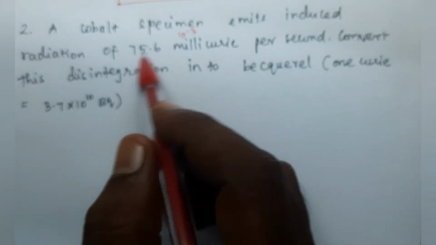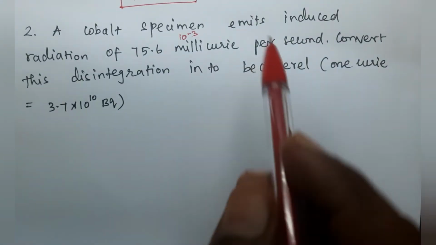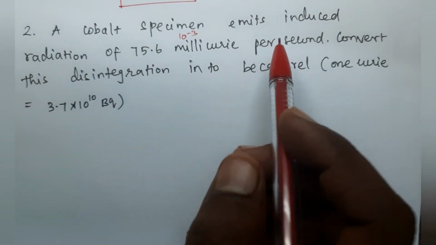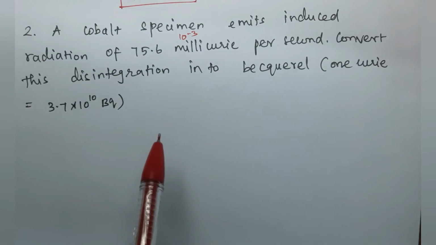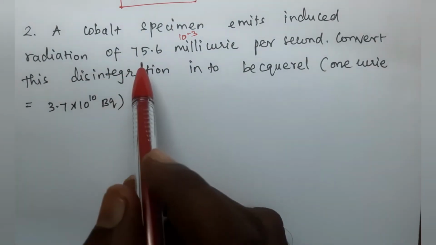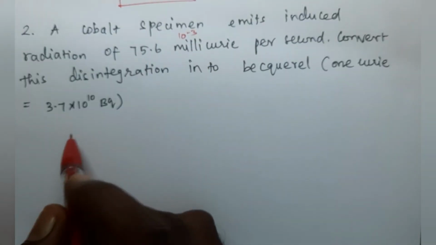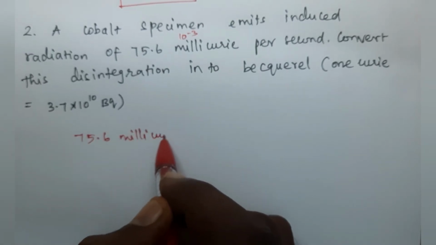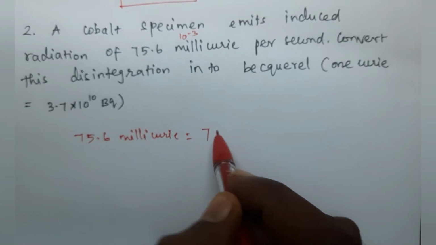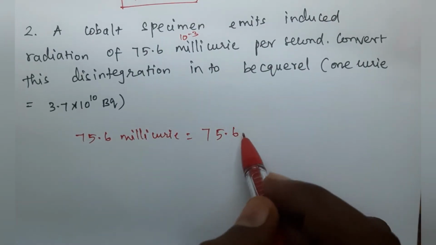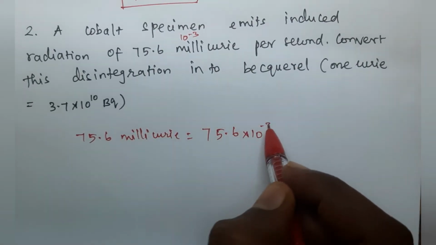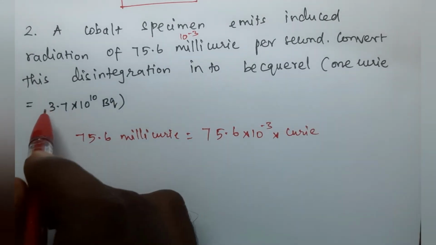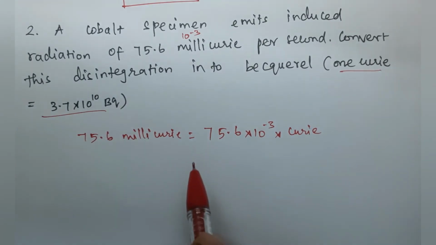Given in our question, the cobalt specimen emits induced radiation 75.6 millicurie per second. So every second that specimen emits the radiation 75.6 millicurie. So 75.6 millicurie is equal to 75.6, that milli represents 10 power minus 3, then curie. 1 curie, in the question itself they mention 3.7 into 10 power 10 becquerel.